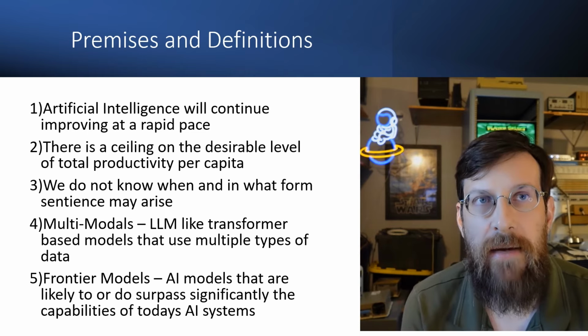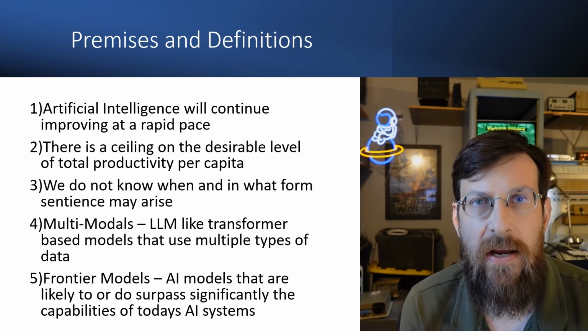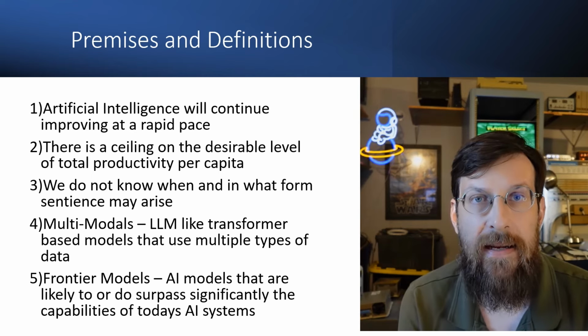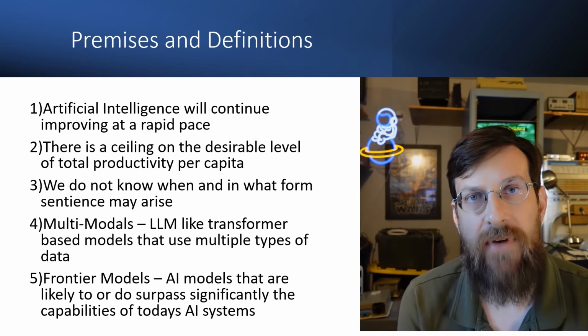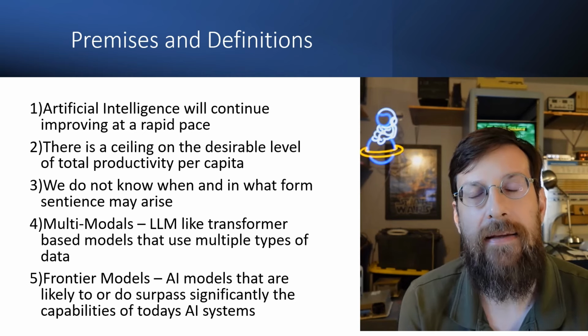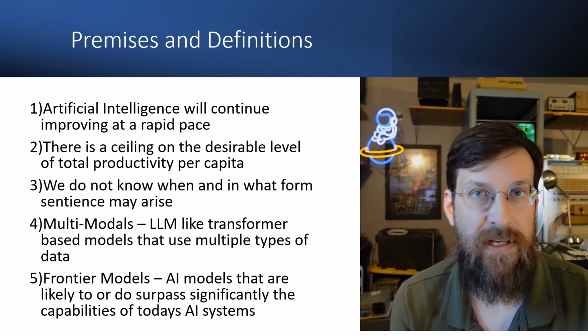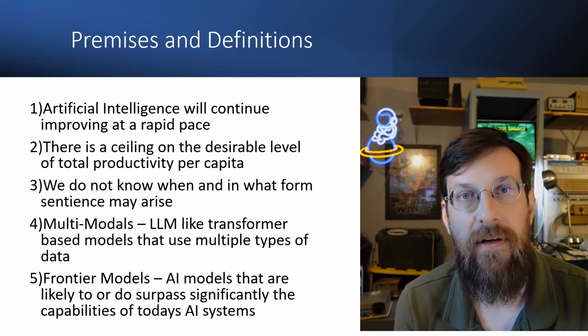The next premise, there is a ceiling on the desirable level of productivity for humanity or per capita. I see a lot of arguments around AI that continue, I think, the 20th century assumption that production is good for the name of production.